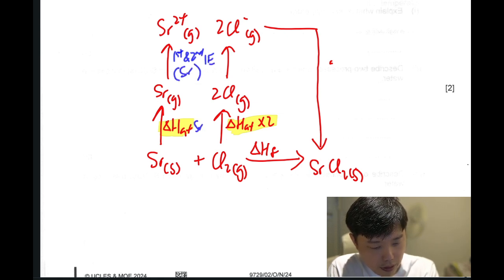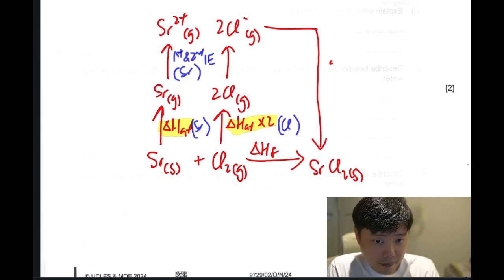Okay, maybe let me just add in this for strontium and for chlorine, and then these two are first and second EA, first and second EA for chlorine.